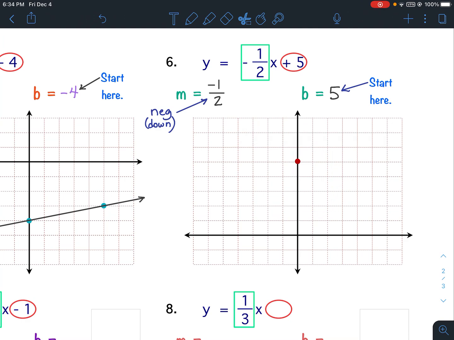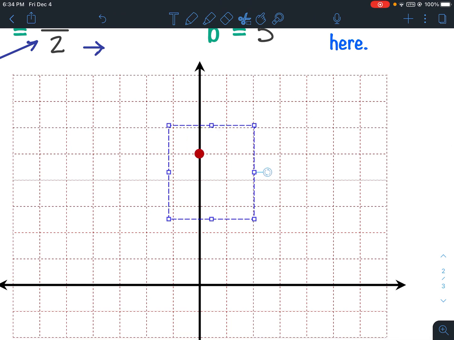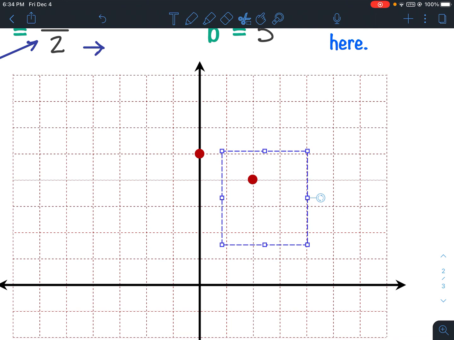Now, my slope is negative, so I'm going to go down 1. And remember, it's always to the right. Down 1, to the right 2. I'm going to zoom it in a little bit more. So I'm going to go down 1, to the right 2.